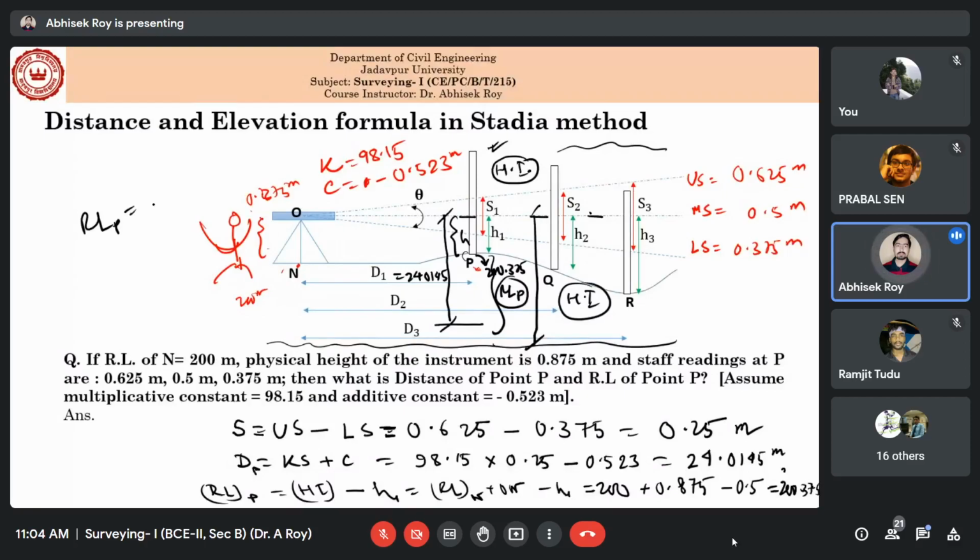RL of P will be height of instrument minus small h, right? Now, how will we calculate this height of instrument? As the benchmark's RL is given, you can just add the physical height of this instrument, because the RL of this point is also with respect to a particular datum. If you add this plus this, then obviously you get the height of the line of collimation from the datum, right? That's why, instead of height of instrument, I am writing RL of point N plus ON. Is that clear? And sir, H1?